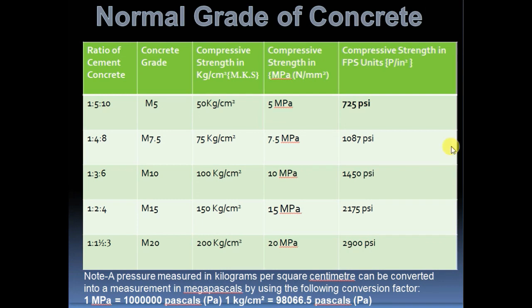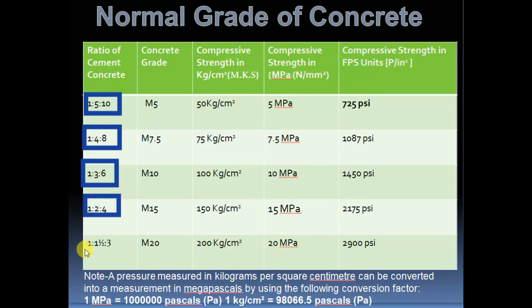Now we have some of the cement ratios as mentioned over here, that is 1:5:10, 1:4:8, 1:3:6, 1:2:4, and 1:1.5:3.